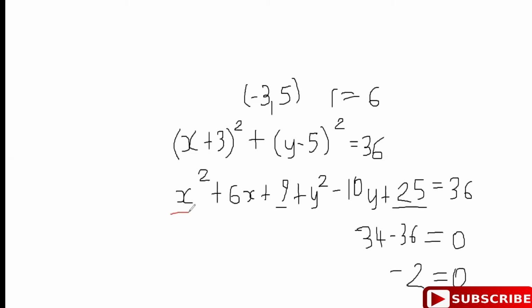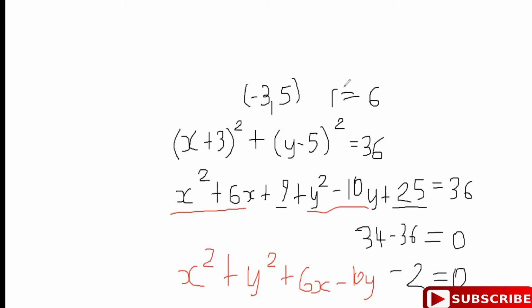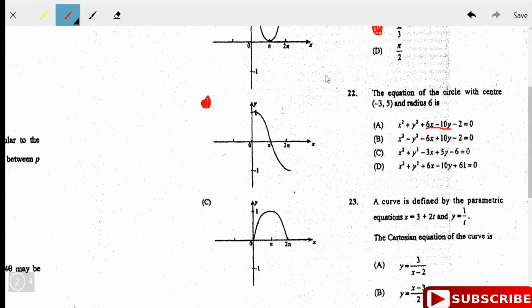We're going to have x squared plus 6x plus y squared minus 10y. So that goes down here. x squared plus y squared plus 6x minus 10y. That is alpha.